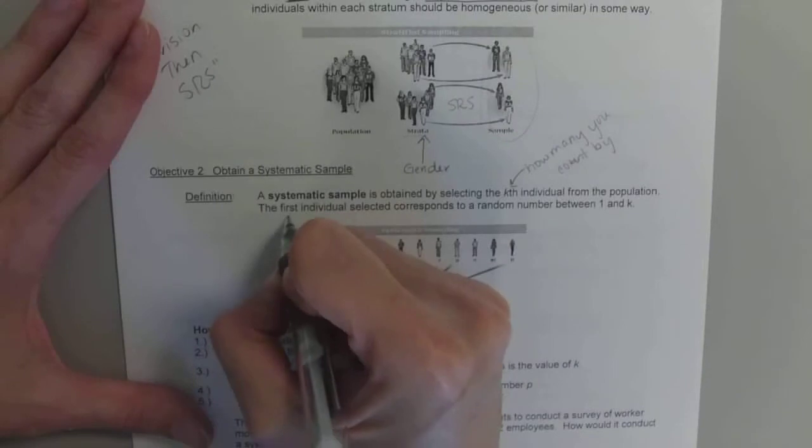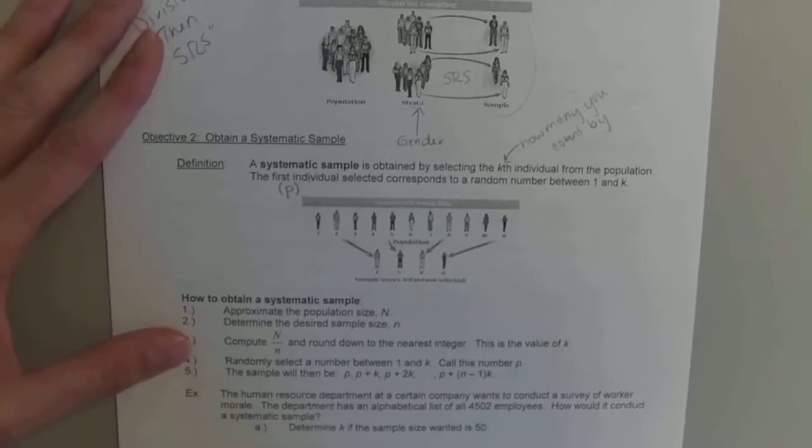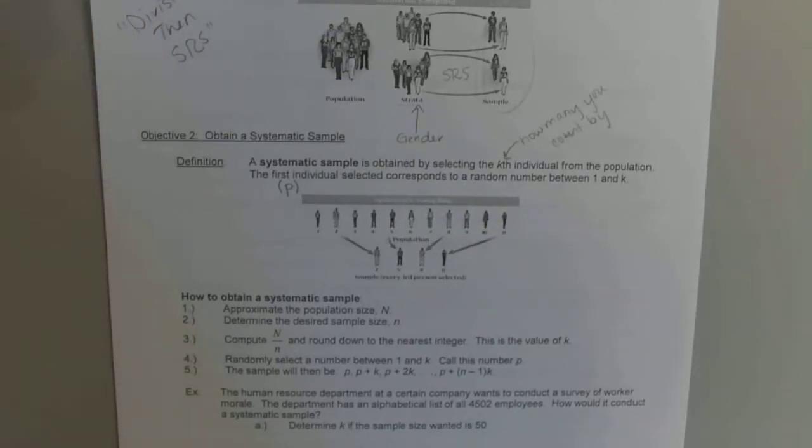The first individual is usually denoted with a p. And it obviously has to be between 1 and k. So if I'm choosing every 5, my pth person, that sounds so weird, can be 1, 2, 3, 4, 5. It can't be 10 if I'm choosing every 5.